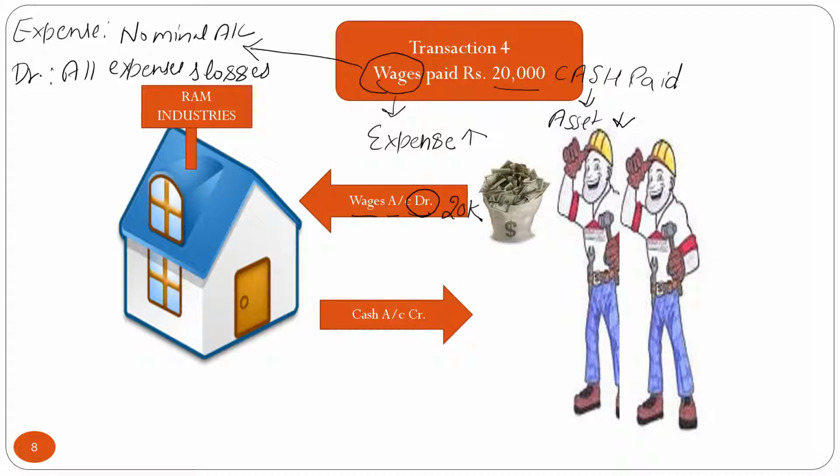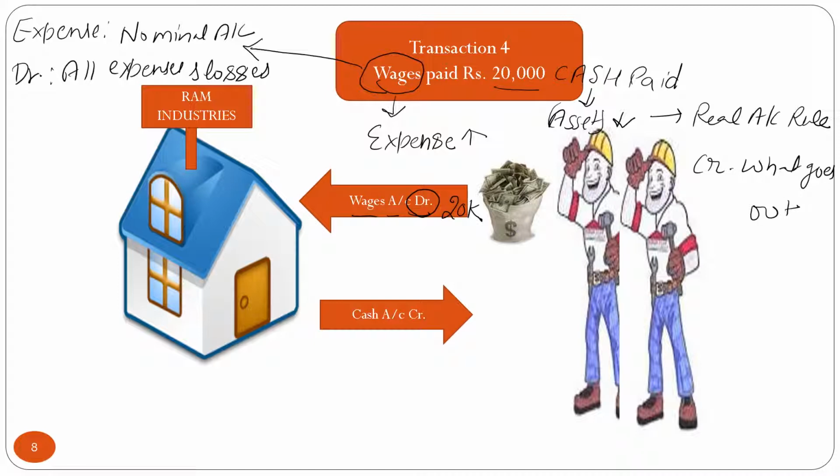For the second effect, which is an asset or a cash payment, we use the real account rule that credit what goes out.